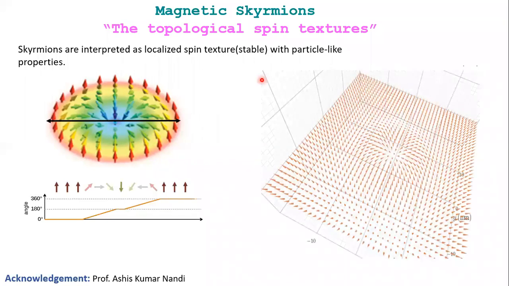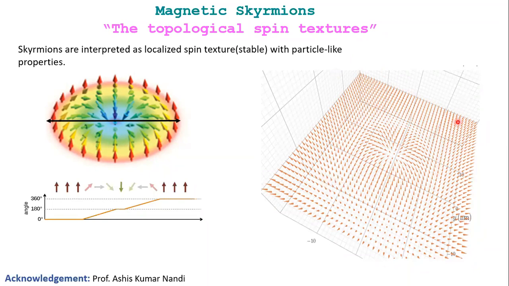And now you see that this is the magnetic thin film. This is the 3D picture of this. You can see that there is a confined region in which this structure is found, and in the rest of the regions, the atomic moments are exactly parallel to each other.